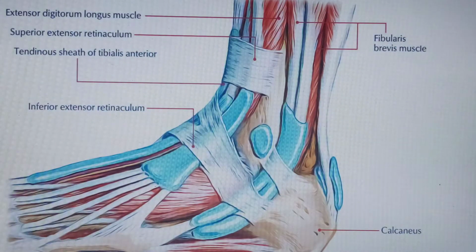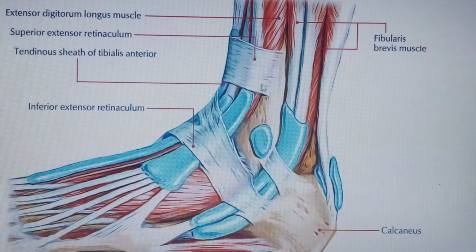Now I told you that, unlike in the forearm where we had the extensor group located in the posterior aspect of the forearm, the extensors over here are located in the anterior aspect of the leg, and therefore, because we are calling them extensors, we're also going to have extensor retinaculum.